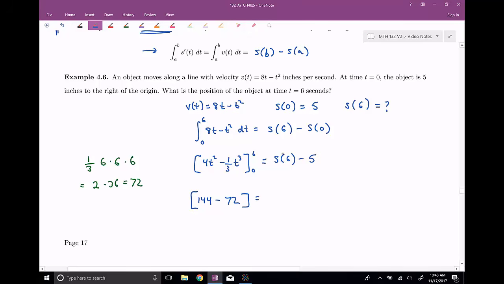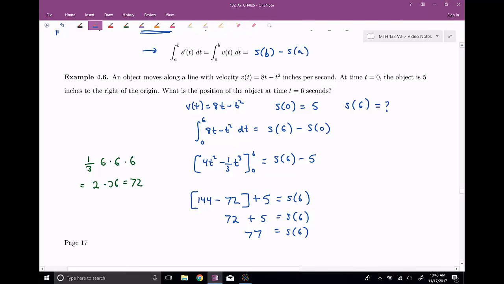And again, I'm trying to solve for S of 6, so maybe let's go ahead and add this 5 onto the other side here. And so I get S of 6 is equal to 144 minus 72, so that's just going to be 72, plus 5. So that's going to be S of 6. Simplify one more time, and I get 77. Let's see if we can actually attribute any units to this.